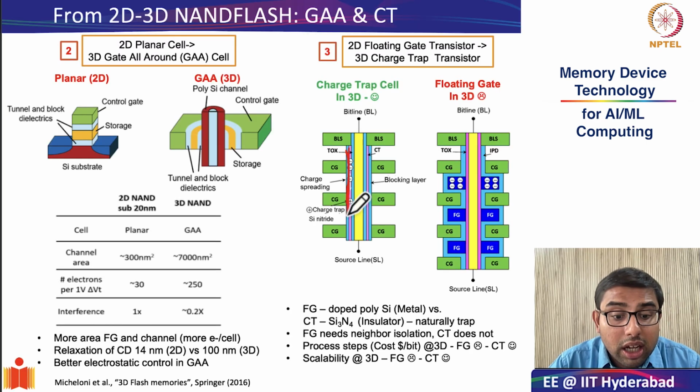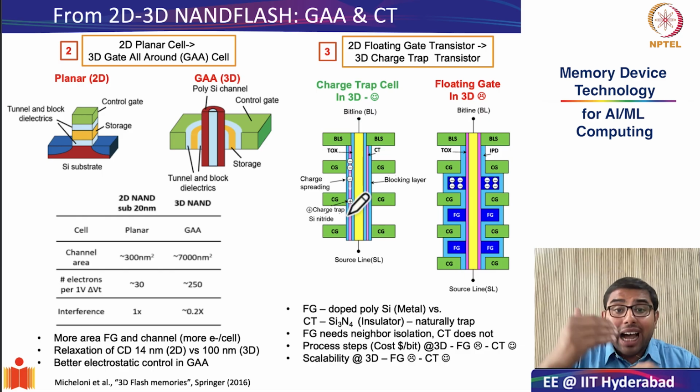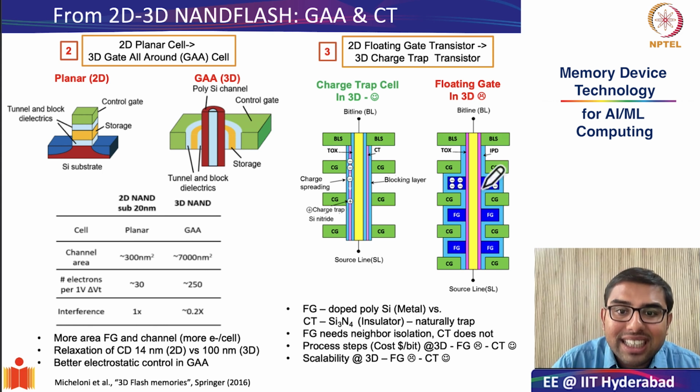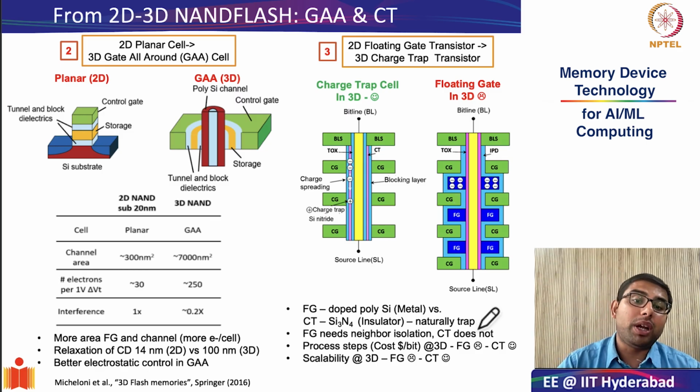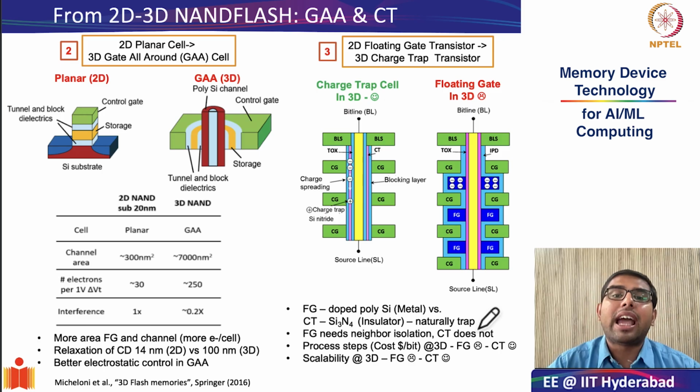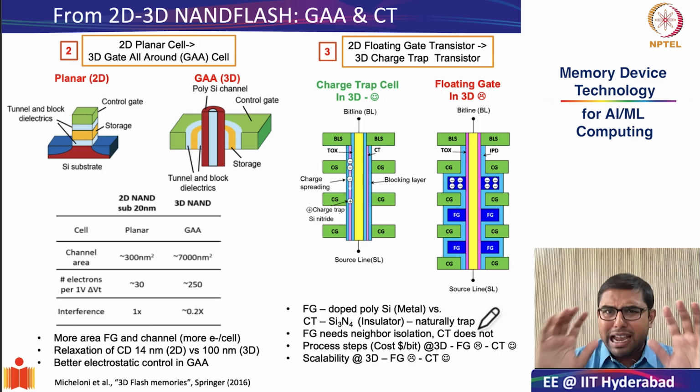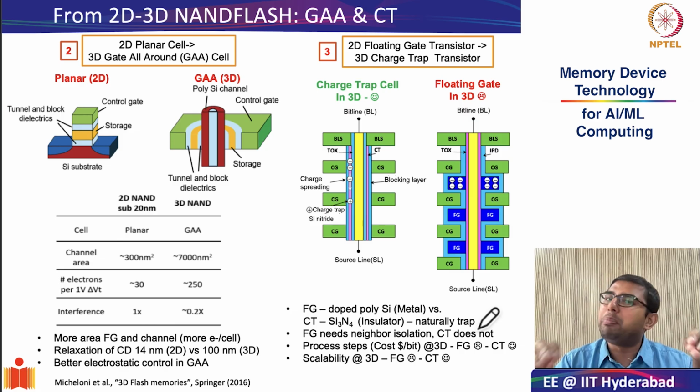There is no need to go to isolations between the two word lines, and therefore many process steps which are required to create these isolations in the case of floating gate can be completely avoided in the case of charge trapping transistor. And this really helps in improving cost, and cost per bit is the main metric that all your companies care about.